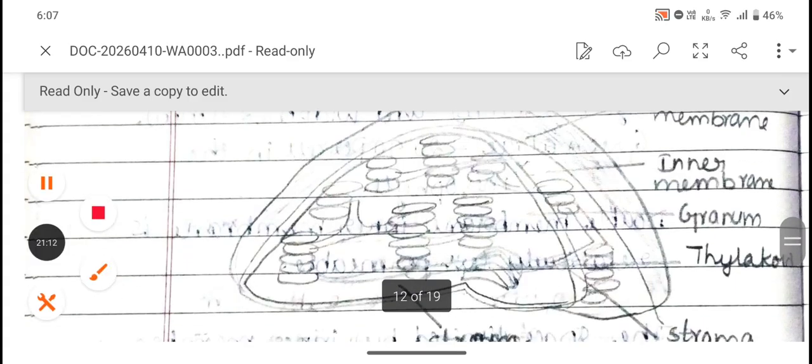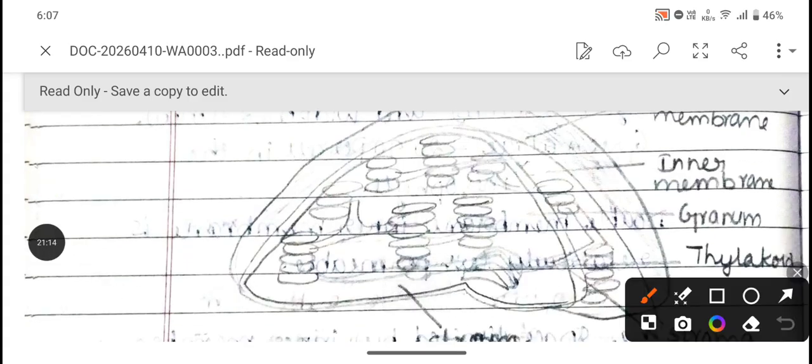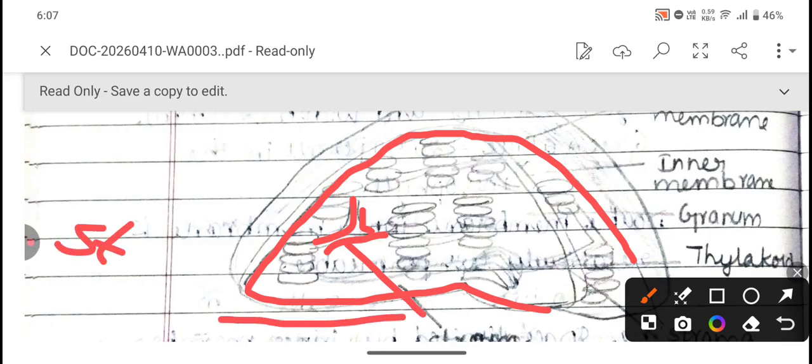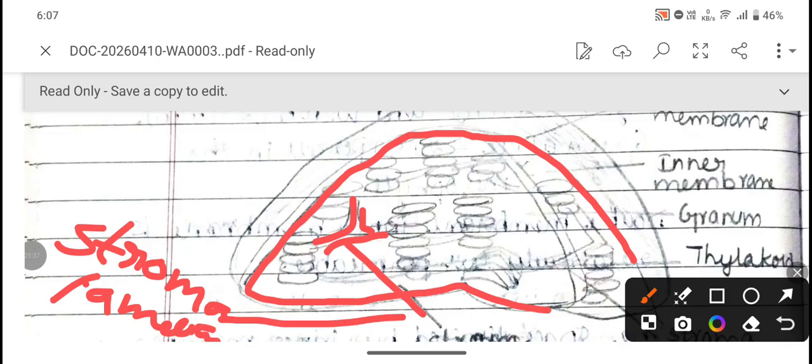When you see the structure, it looks like this. These are the outer and inner membranes of the chloroplast. These are the stroma lamellae, and this coin-like arrangement of thylakoids is known as a granum.